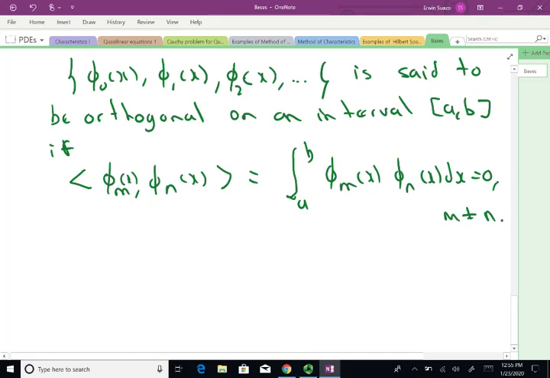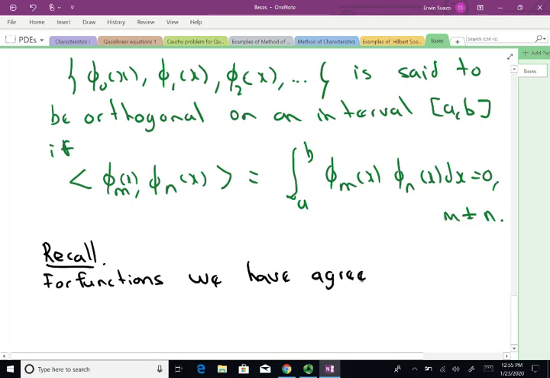So for functions, we have agreed we will use the following norm.